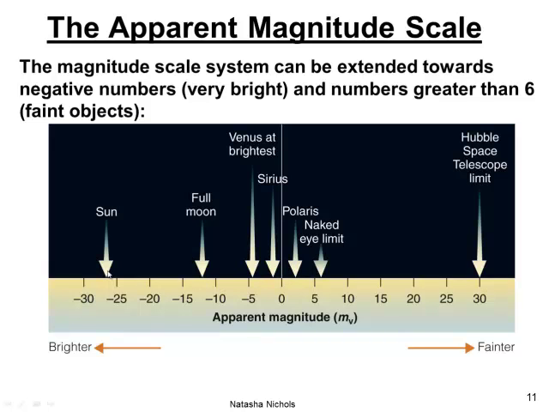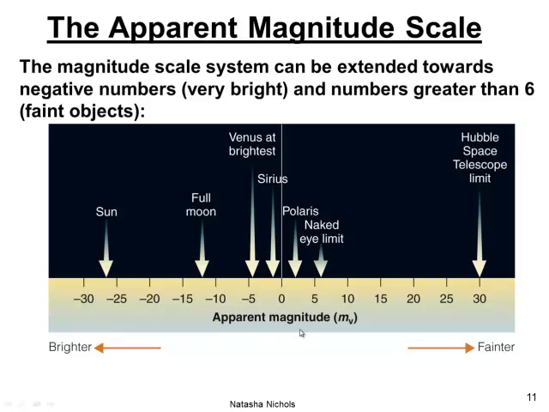And our sun itself corresponds to minus 26.5. Full moon is minus 12.5. And Sirius, the brightest star in the night sky, is minus 1.42.